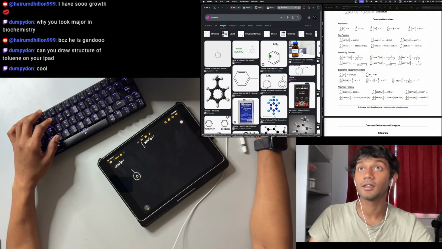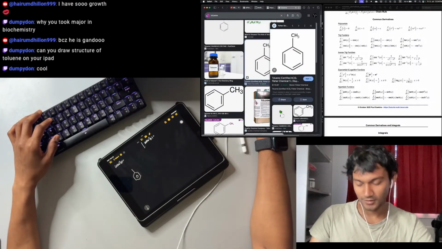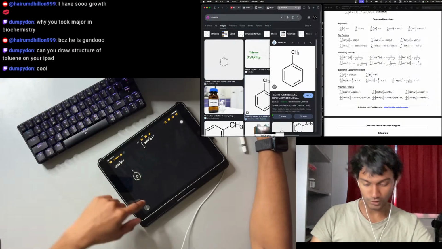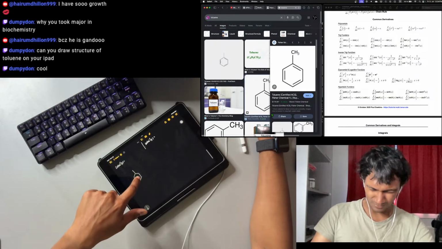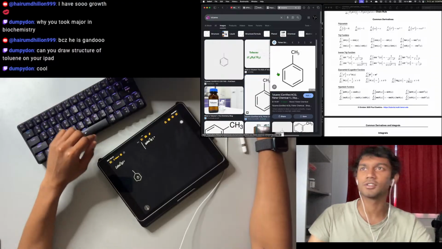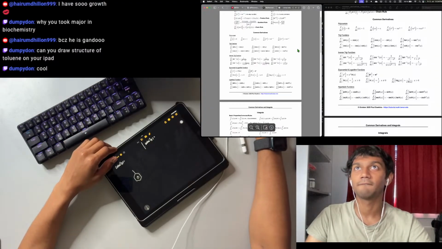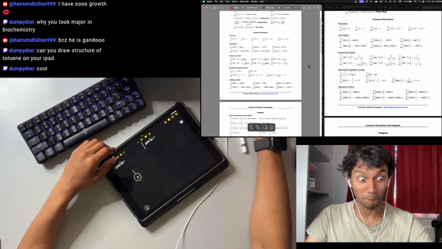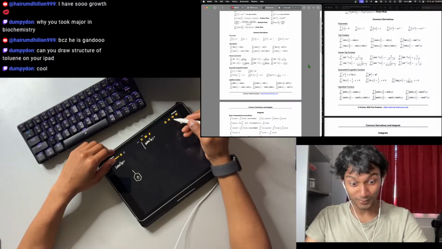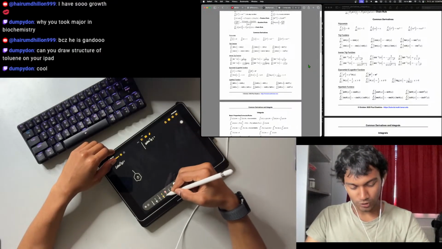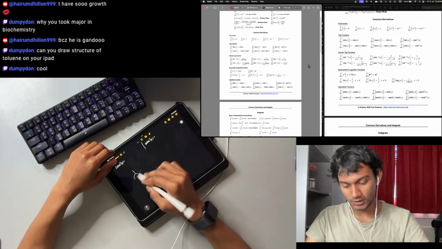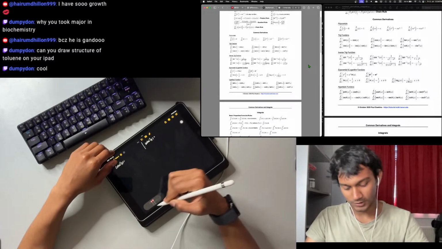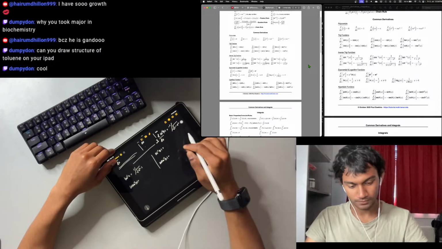No way. I thought I drew an incomplete structure, but hey, that was correct. Damn. I should not get high on myself. That was luck. It was not me.